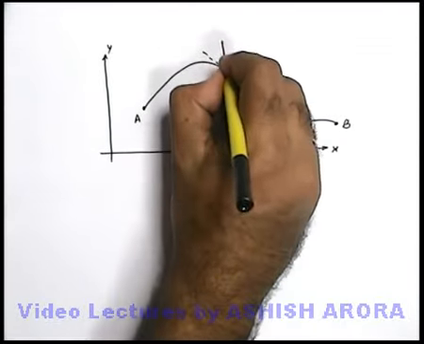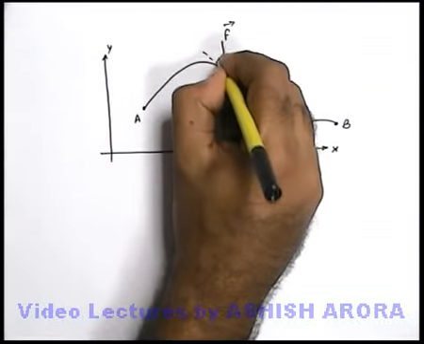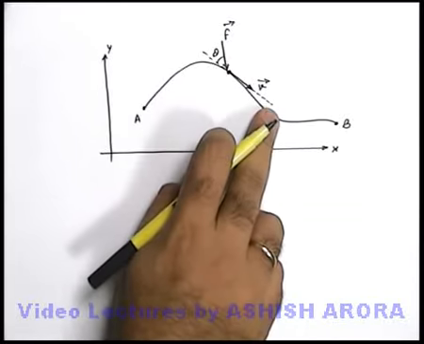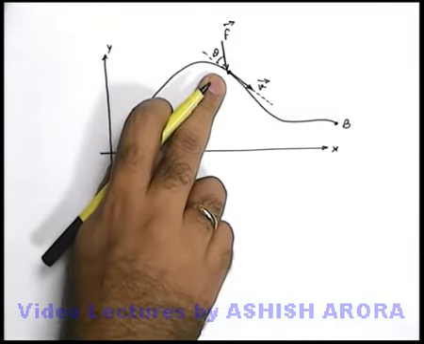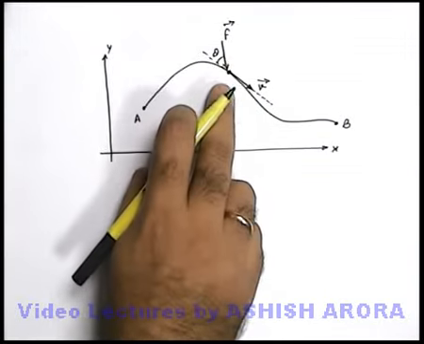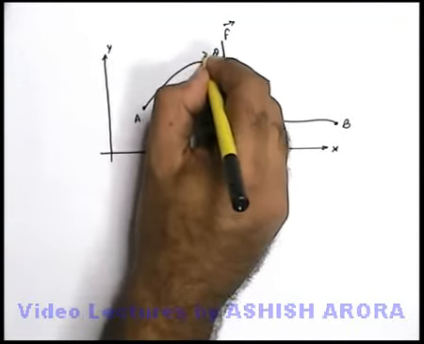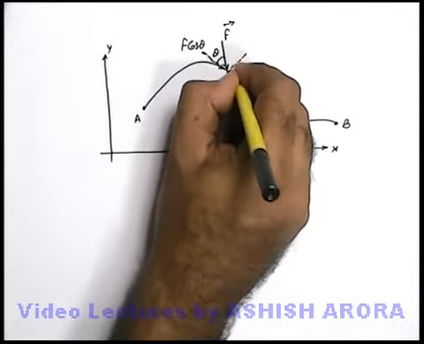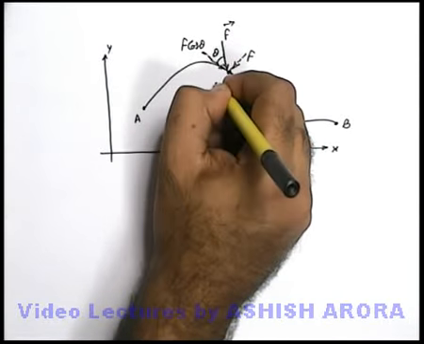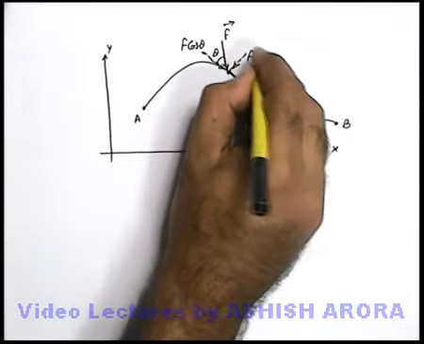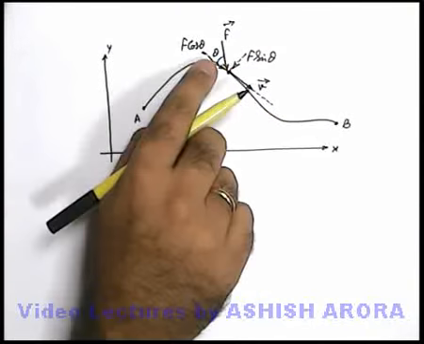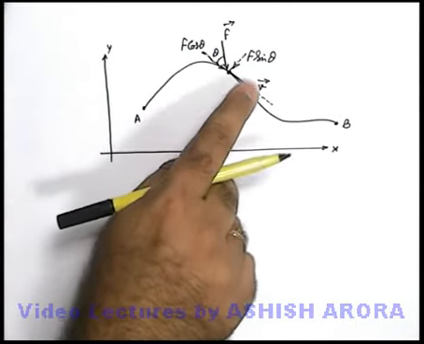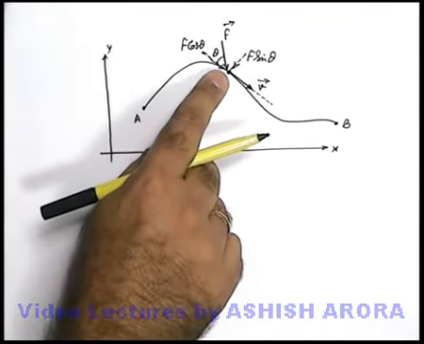At this point, a force F is applied to this particle at an angle theta to the direction of its motion, that is, the angle from the tangent at this point of the curve. This force will have two components. One is along the tangent, and this component will be F cos theta. The other component will be along the normal to the curve, that is F sin theta. So F cos theta is acting along the direction of velocity and F sin theta is acting perpendicular to the direction of velocity.